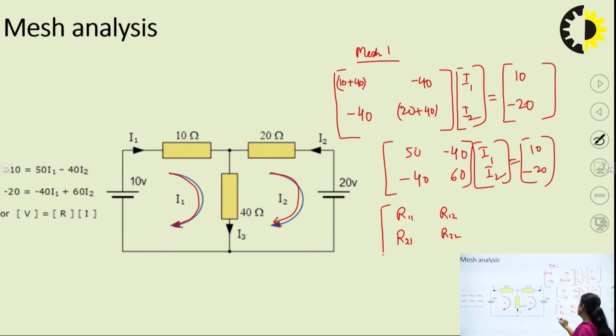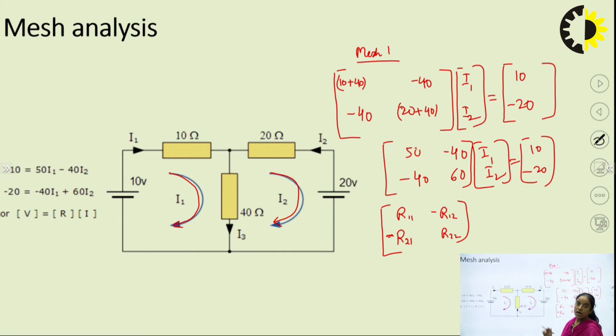R11 means the resistance that mesh current I1 is facing for the first mesh individually, so that is 10 and 40. R12 means the resistance linked between mesh currents I1 and I2, so that is 40. Here we are taking this as negative.